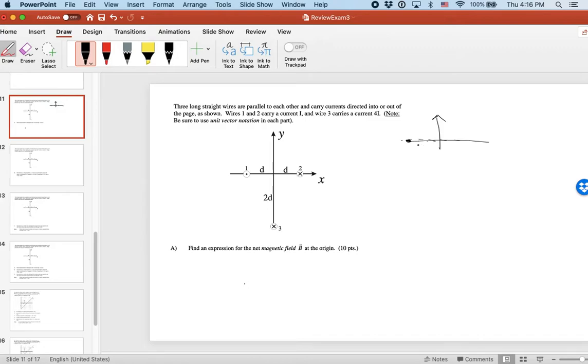I'm going to have a B field that circles like that. If I have my thumb pointing out of the page, then my fingers circle this way, counterclockwise. And I know my B field here points up. So this is my B field. So that's for 1. Now let's look at 2.